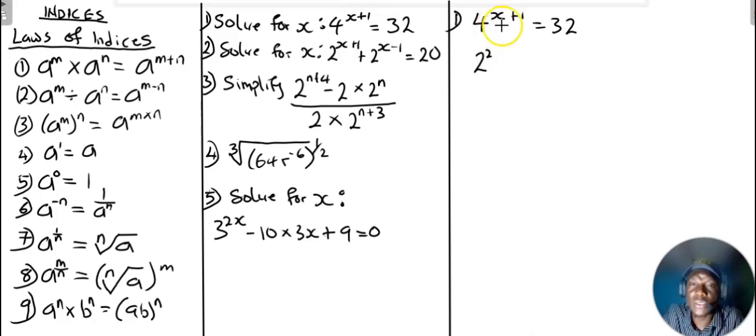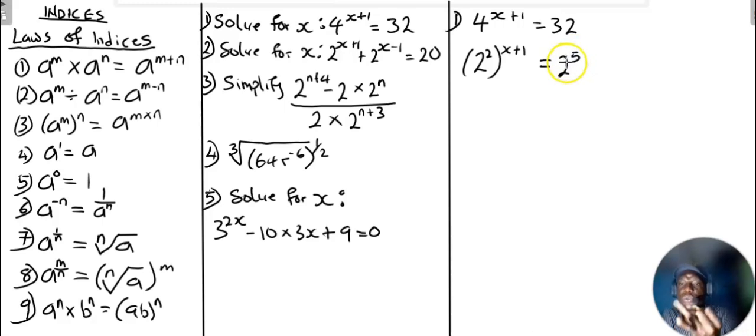Then remember, it has its own power here, so the power is x plus 1. Meanwhile, 32 is the same as 2 raised to power 5. So we have 2 times 2, 4, 4 times 2, 8, 8 times 2, 16, 16 times 2, 32. So 32 is 2 raised to power 5.